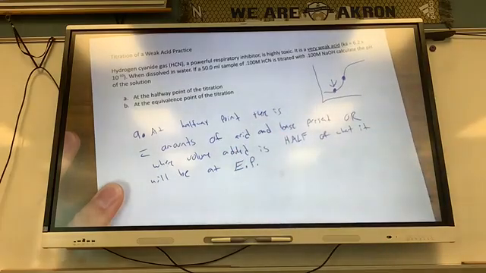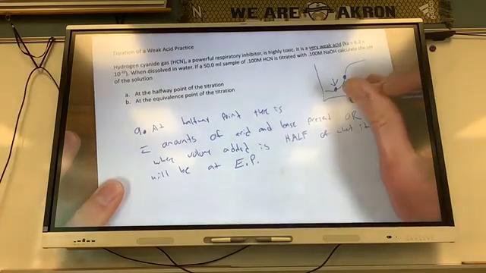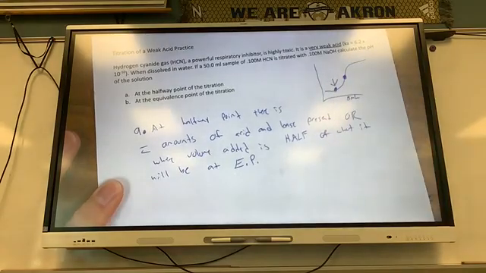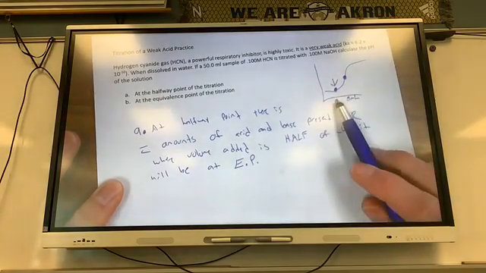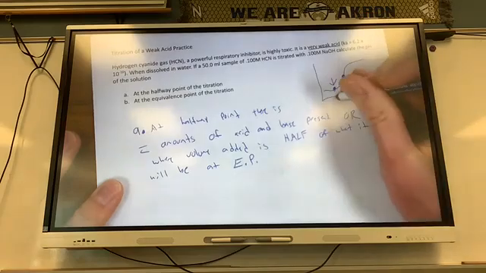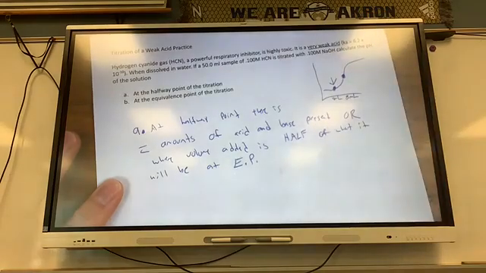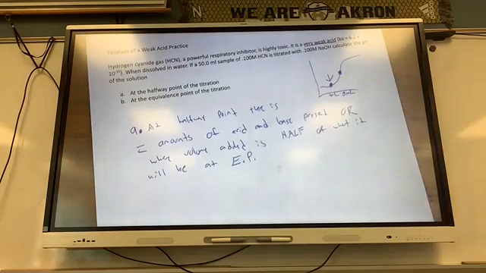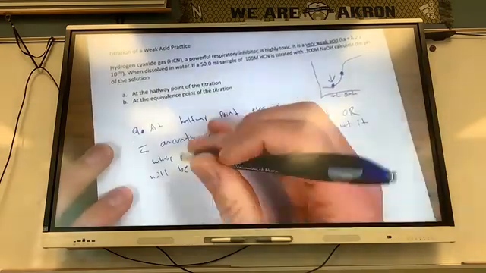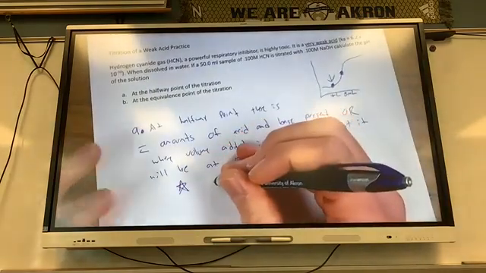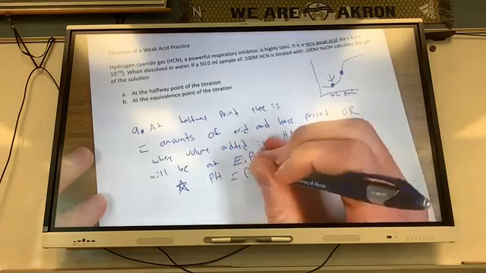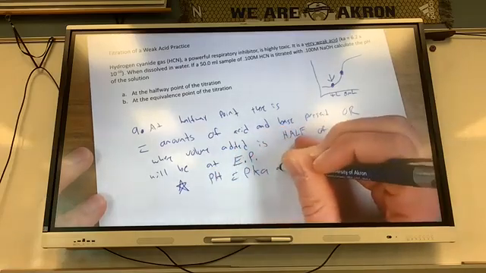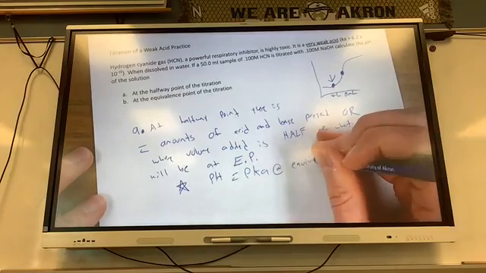So let's say my equivalence point is at 8 milliliters. What is my volume going to be here? Yeah, it's going to be 4 milliliters. We also know, as Audrey just said, that at the halfway point, pH equals pKa.